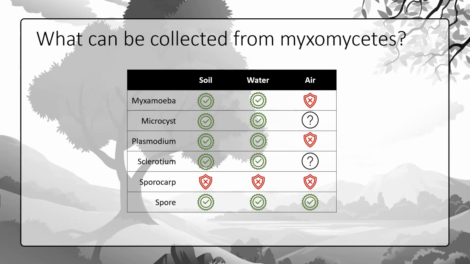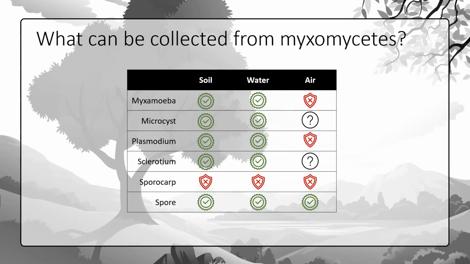For air, it totally looks different. We have now nearly exclusively our spores. The plasmodia and the myxoamoeba, as nature tells, should be on the ground. They don't fly, as far as I know. So therefore, we don't expect them in our air samples. As you can see as well, there are still some unknown variables.